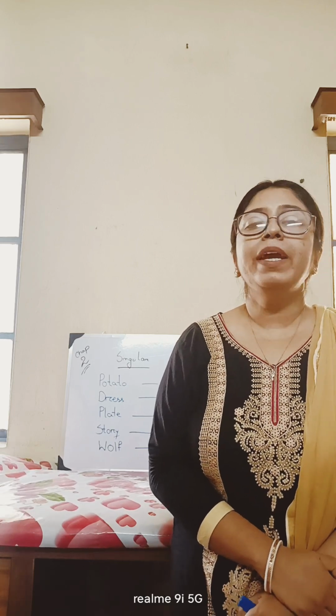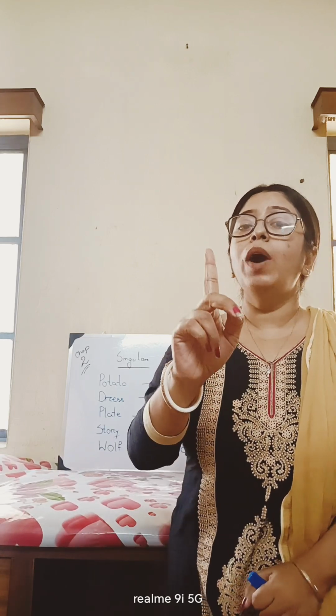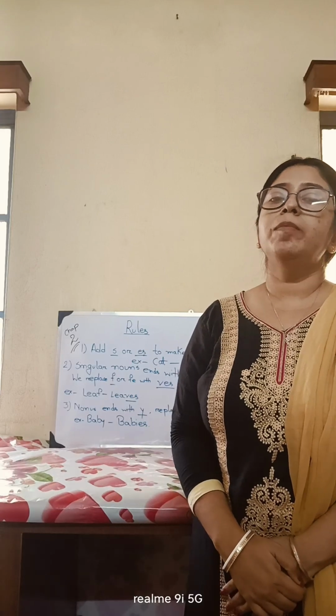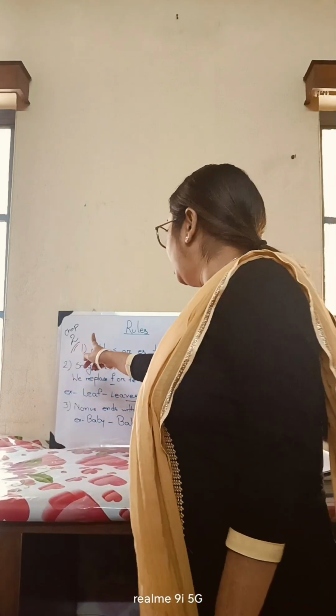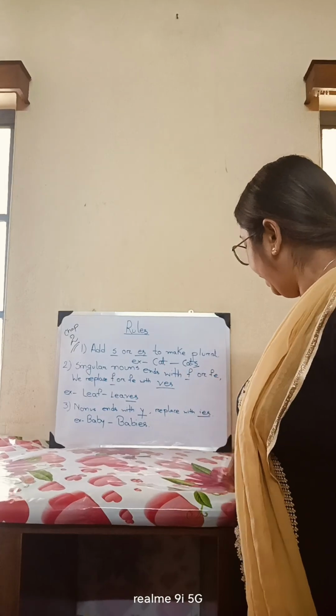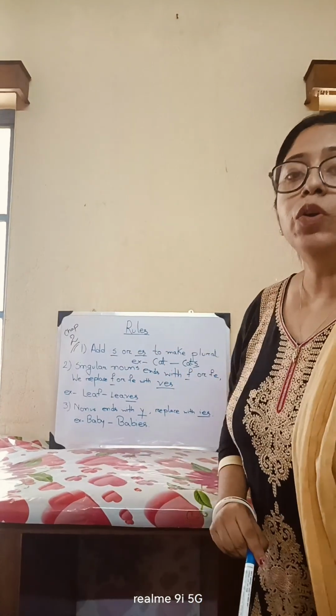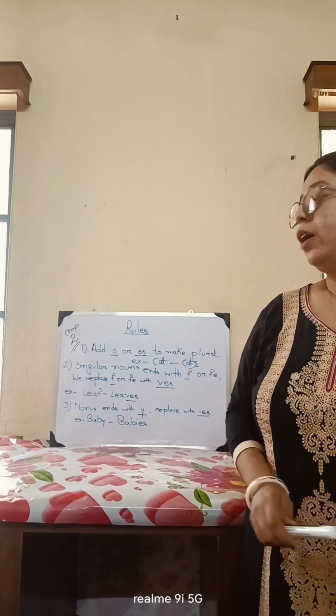Again, I repeat, singular means one, whereas plural is more than one. Here are some rules to make the singular noun into the plural form. Rule number 1: we add s or es to make the singular noun plural.